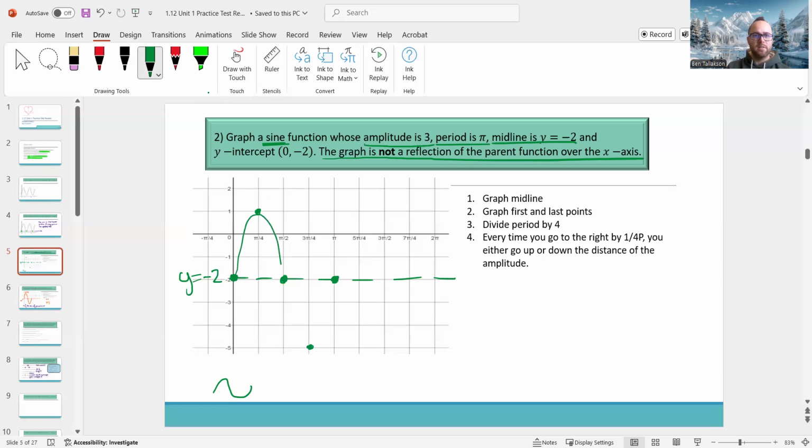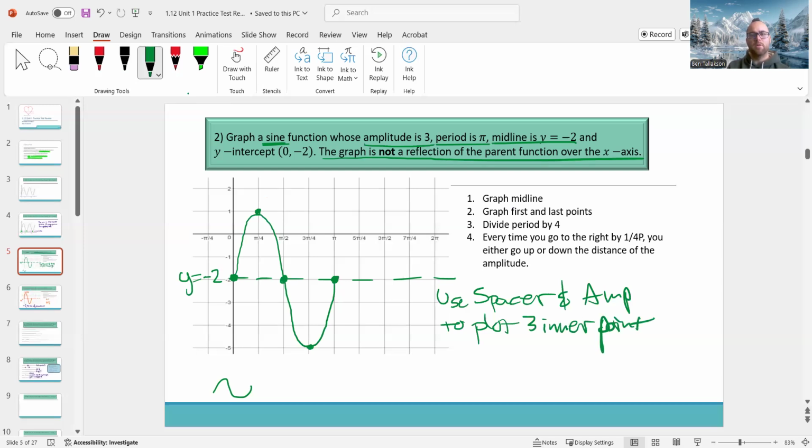Did they ask us to graph one period or more? Let's see. They did not say to graph any more. So that's done. And we didn't need to find the spacer here, but just so you remember, the spacer and amplitude combined are what we use to plot the three middle points, or inner points.